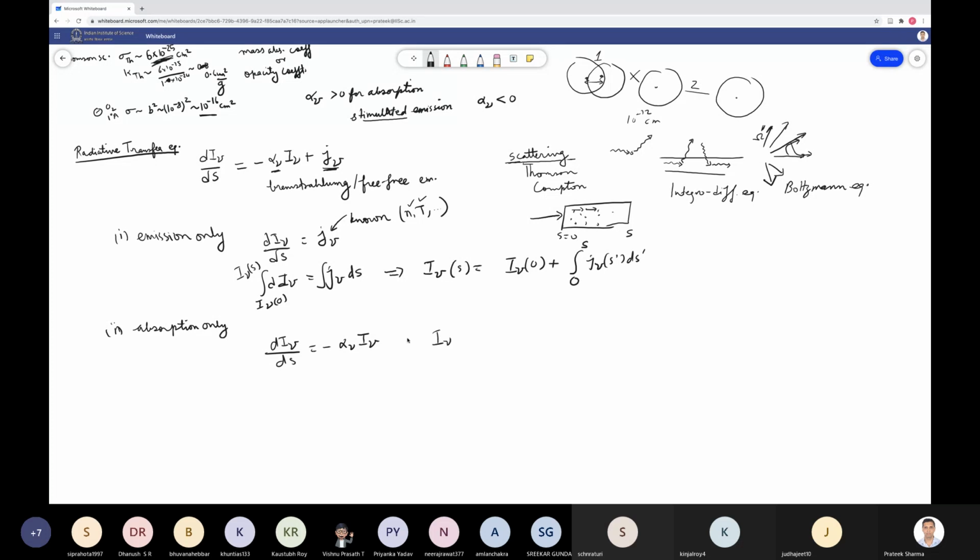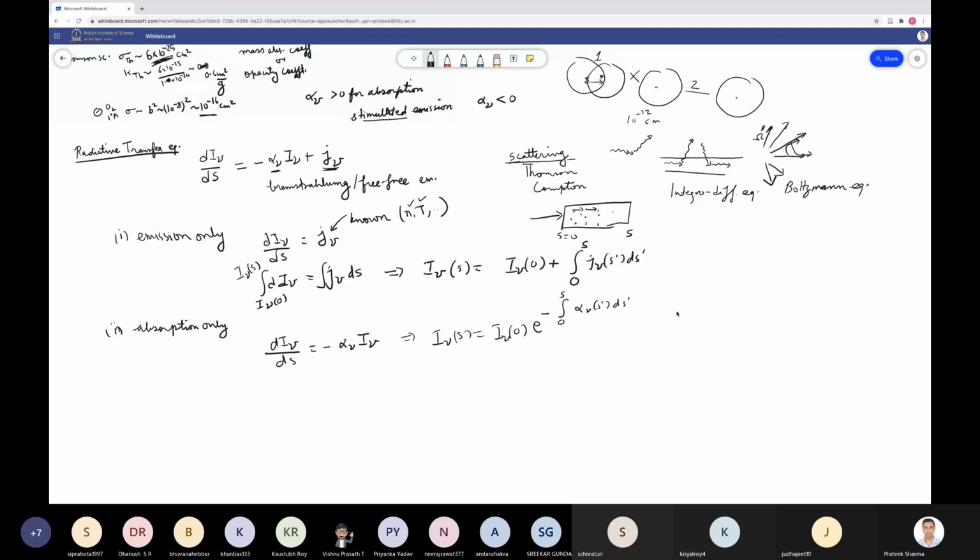I nu at s equals I nu naught e to the minus integral of alpha nu s prime ds prime from 0 to s, right? This is dI by I, which gives you d log I, and this is minus alpha nu ds, which you just integrate.